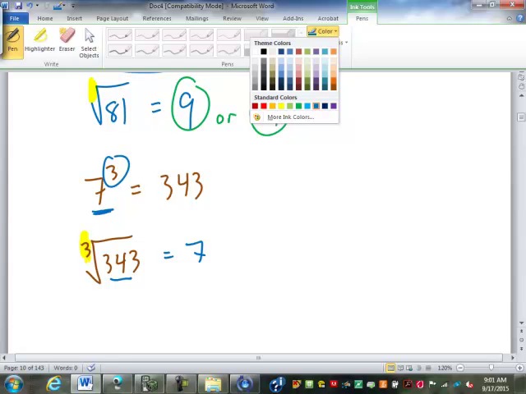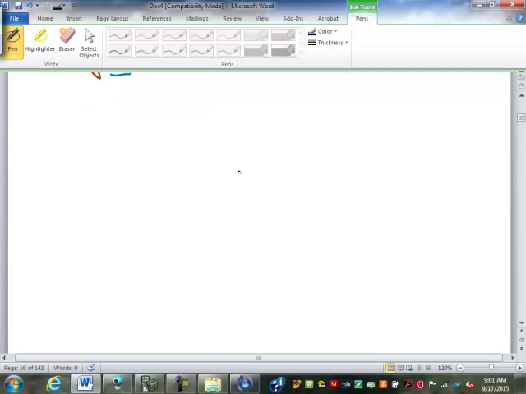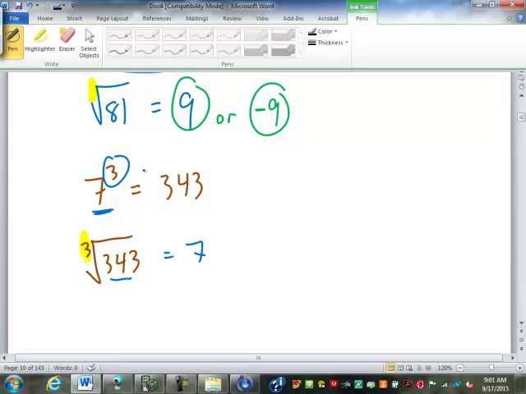So the third root, or cube root, reverses a power of 3. Let's look at the cube root just a little bit more. Let's do the cube root of negative 27.